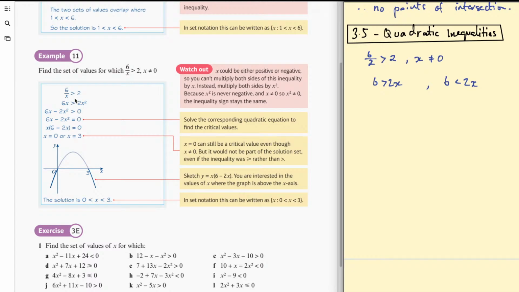They've done it slightly differently. They have turned it into a quadratic by multiplying. What have they done? Instead, multiply both sides by x squared. So instead of doing this, you can also multiply everything by x squared. Although I don't see a problem with doing it this way, that you can have one solution which is greater than, one solution which is less than.